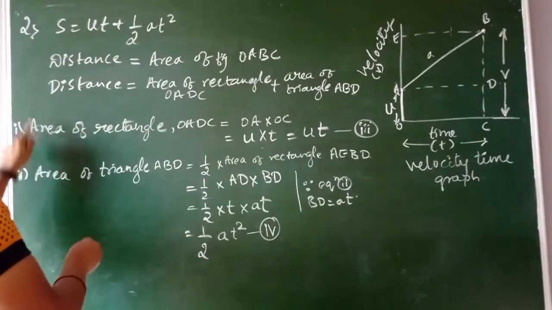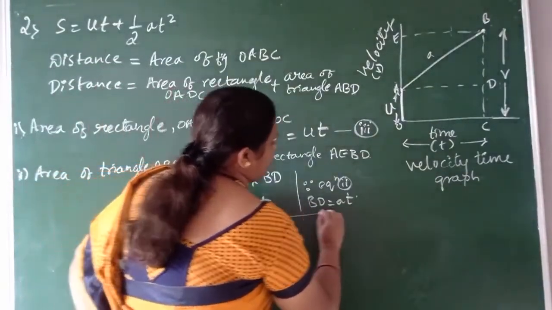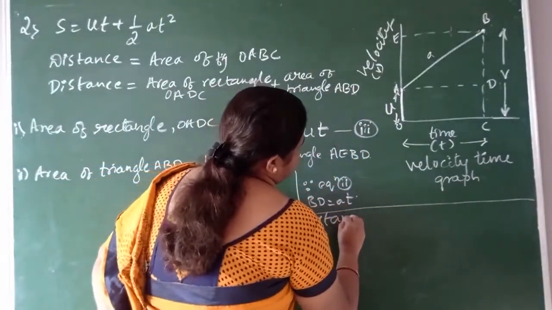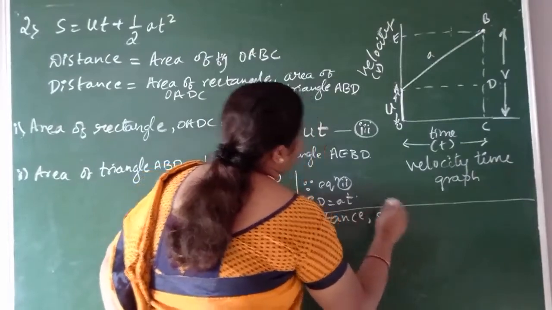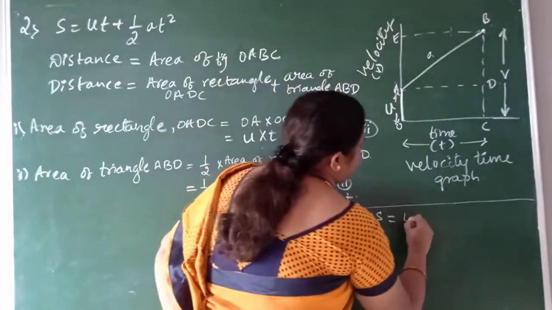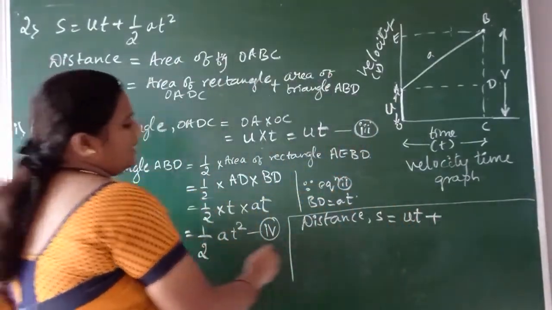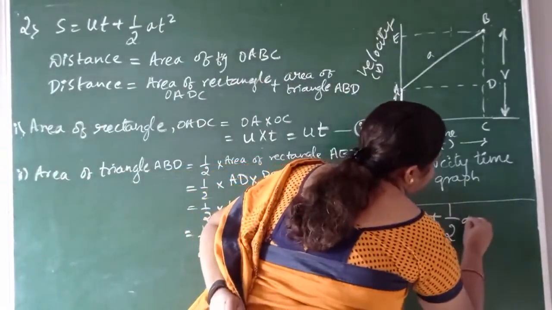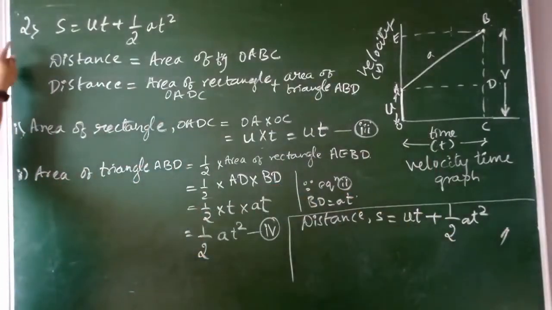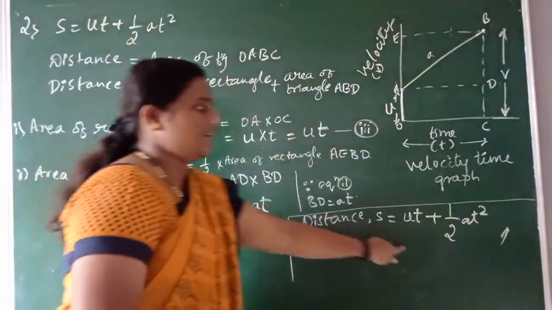Now substitute third and fourth in the distance formula. Distance S is equal to the area of the rectangle, which we found as UT, plus the area of triangle ABD, half AT square. Is it found true, children? What we needed was S is equal to distance travelled is equal to UT plus half AT square.